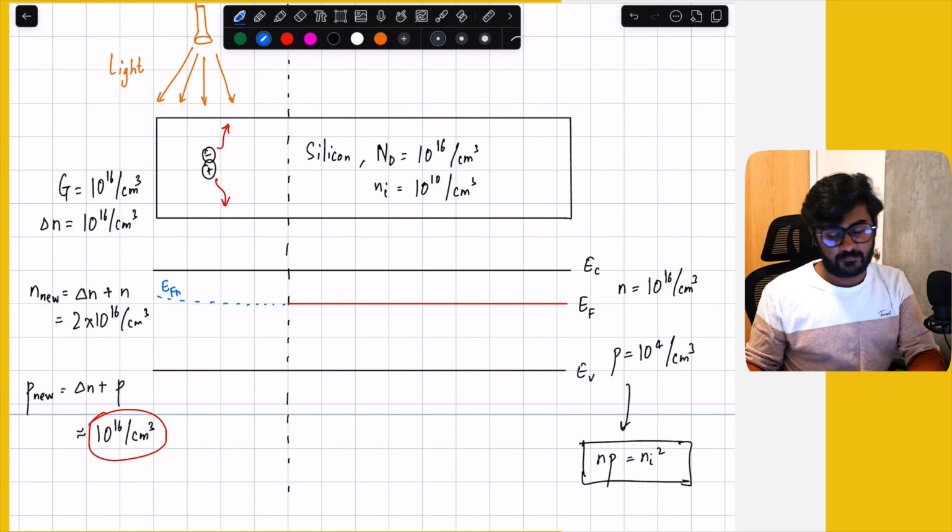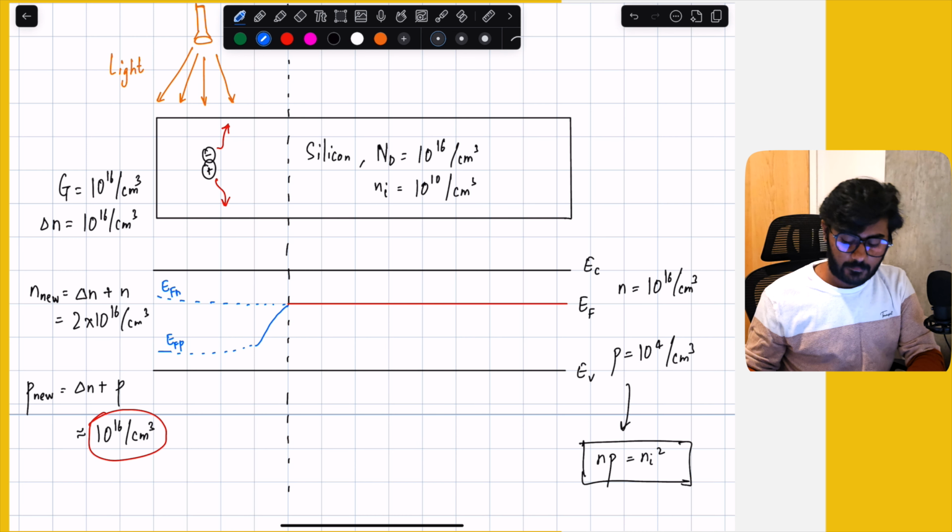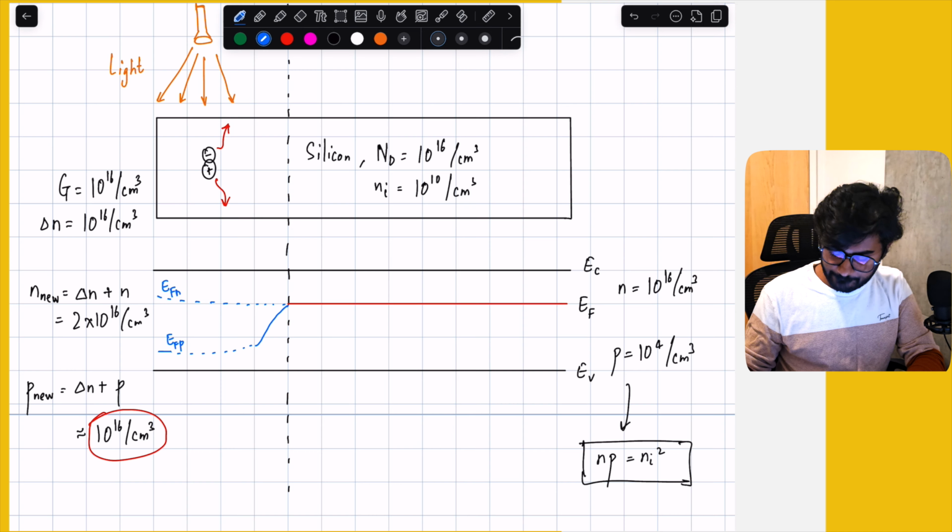For electrons we have a separate Fermi level called EFN. Similarly, for holes we have a separate Fermi level that is represented by EFP. These two Fermi levels are used to represent the hole and electron concentrations in non-equilibrium conditions.